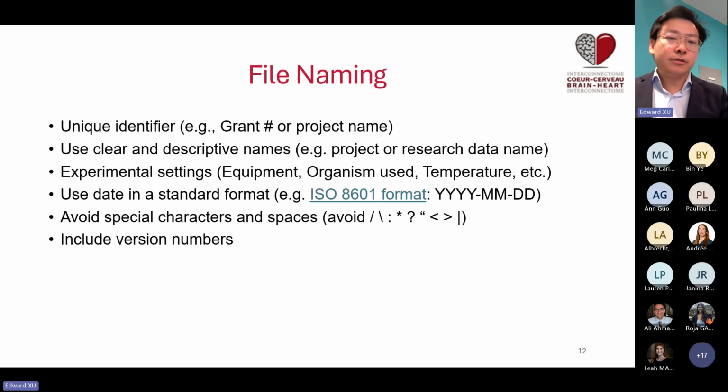You also want to include some details of your experimental settings, for example, the equipment used, the organism used, the temperature, condition, etc. And especially if your data is time sensitive, make sure you include the date in a standard format. The ISO 8601 format is a standard format that's being used: year, month, and date.